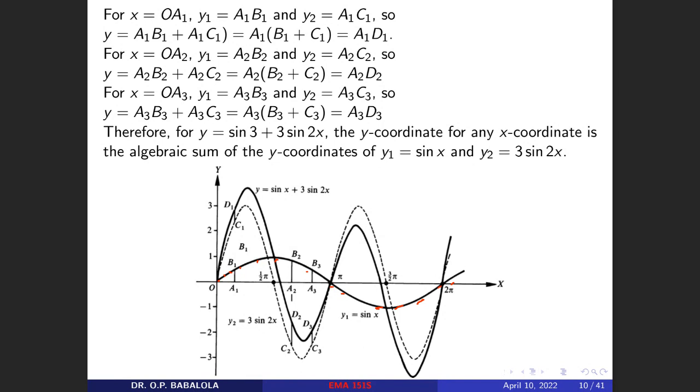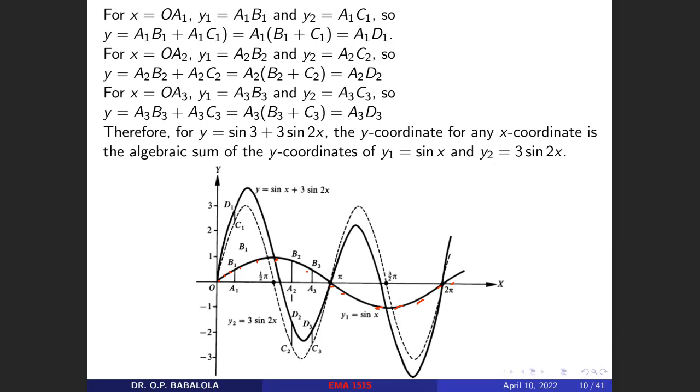Let's now trace the value of x at OA1. OA1 is 0, A1 here. The value of x is at this point. For y1, it's A1, B1.